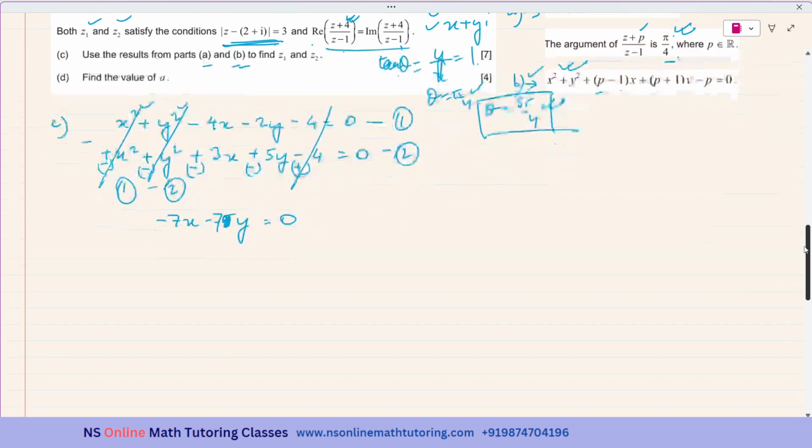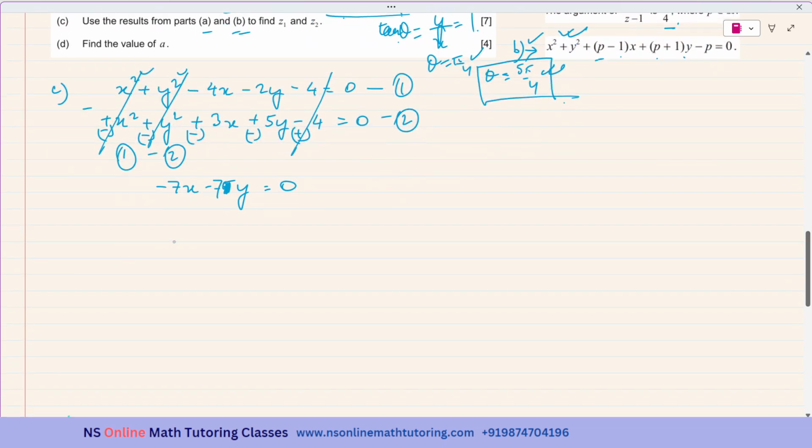And I can divide the entire equation by negative 7 to get x plus y is equal to 0, or y equal to negative x, or x equal to negative y. Okay. So y equal to negative x.